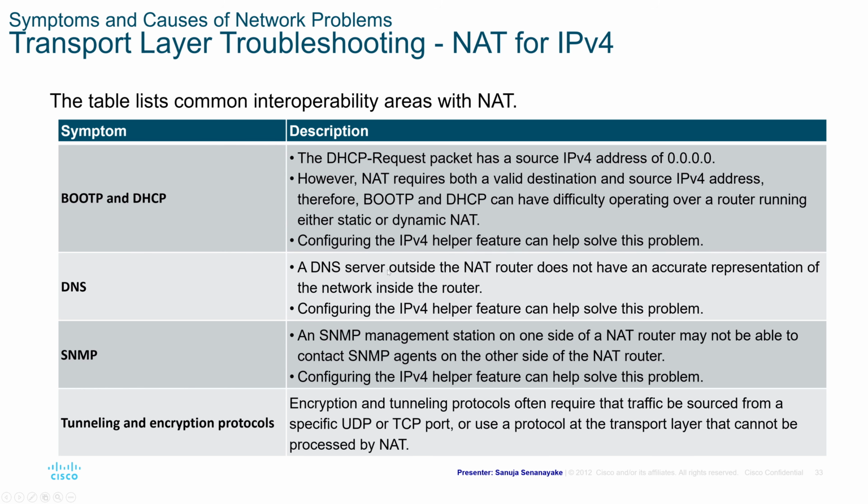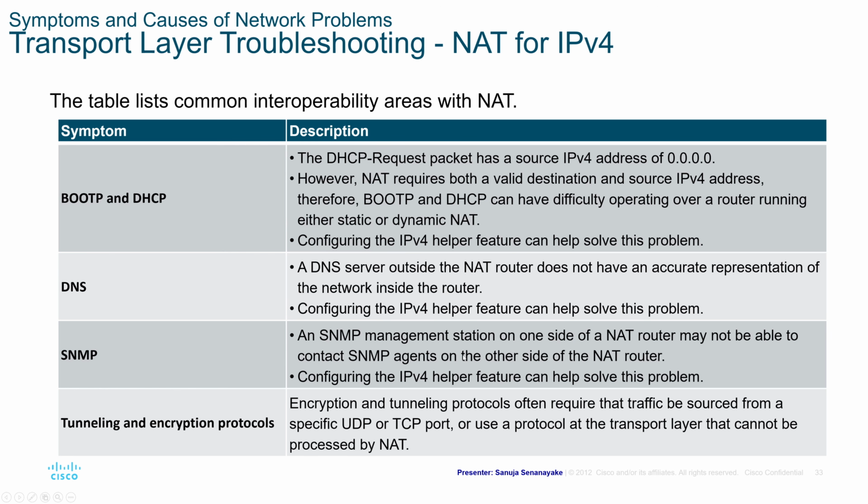DNS. A DNS server outside the NAT router does not have an accurate representation of the network inside the router, right? So if you have a DNS server located outside the NAT, it doesn't know what's inside the NAT. Configuring the IPv4 helper feature again can help solve this problem. SNMP.